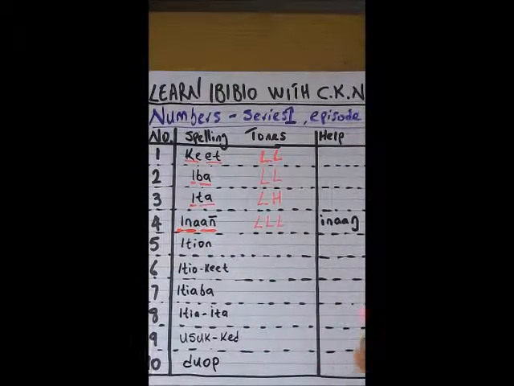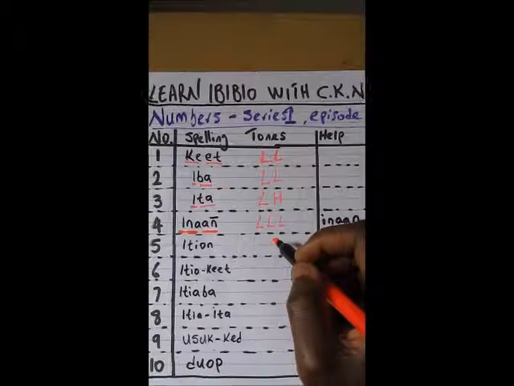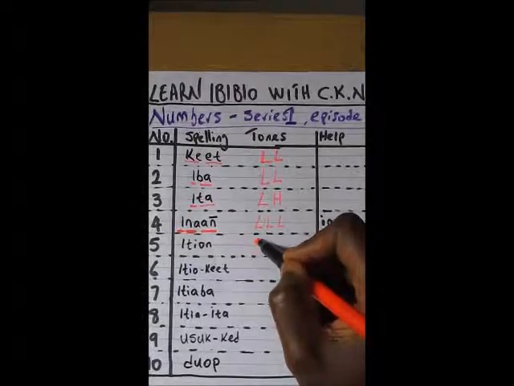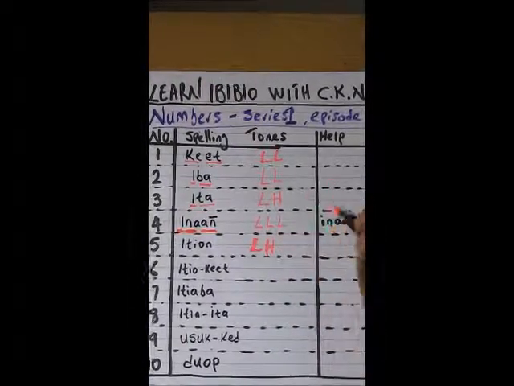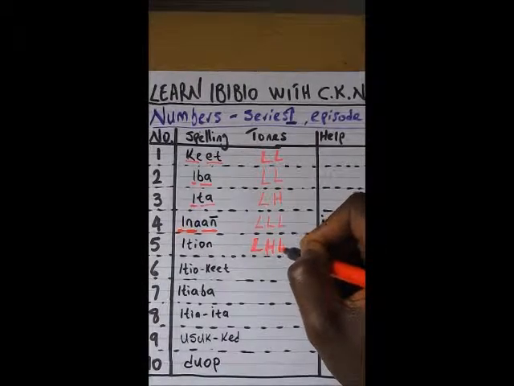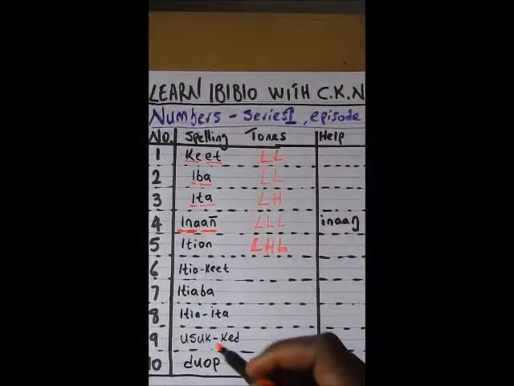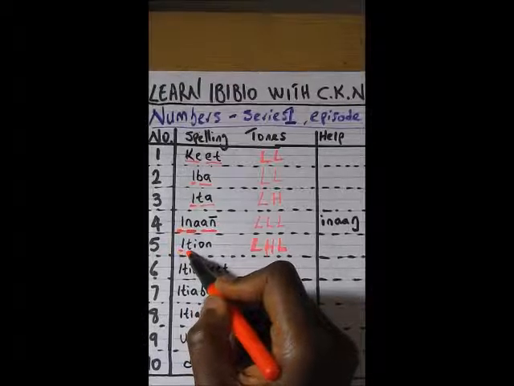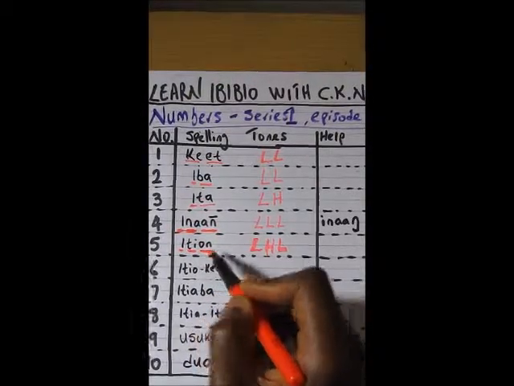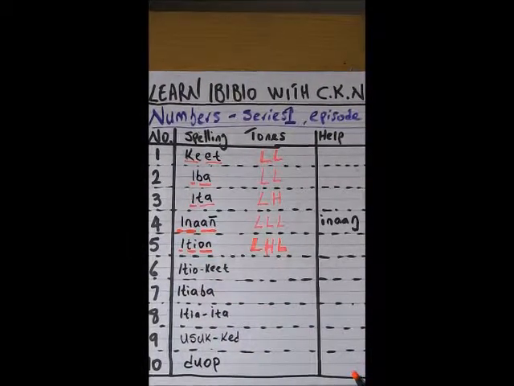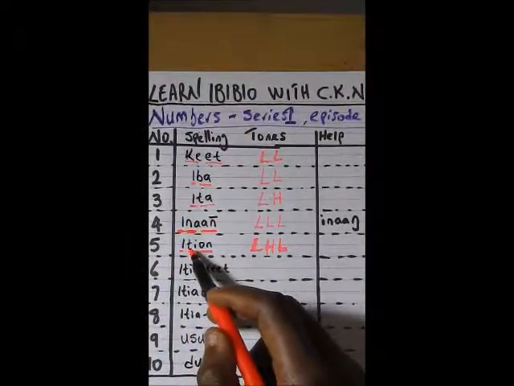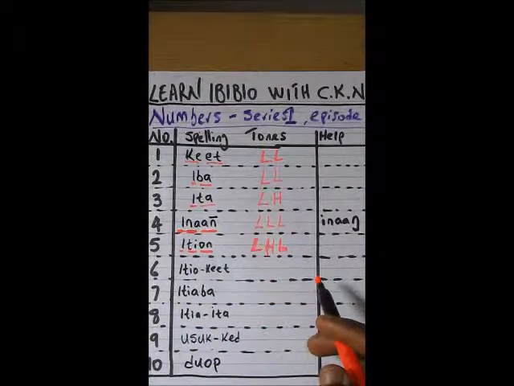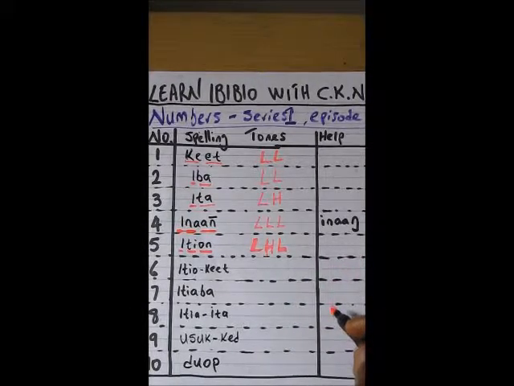For 5, we have a low tone, then a high tone in the middle, and then another low tone, right? Ition, ition. So there's a low tone, a high tone, and another low tone. Now it gets a bit interesting.